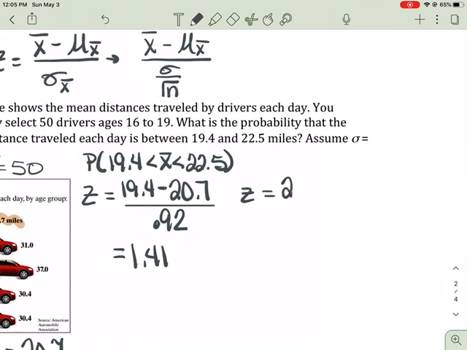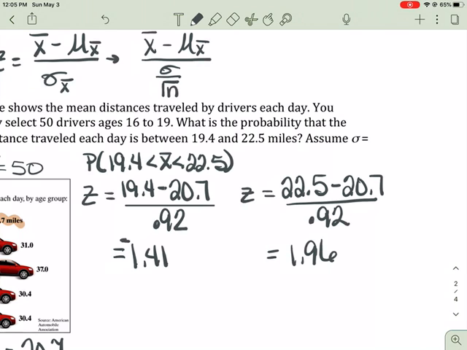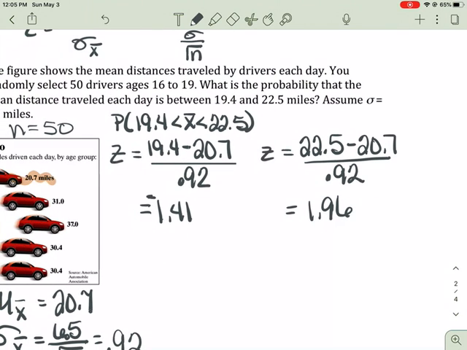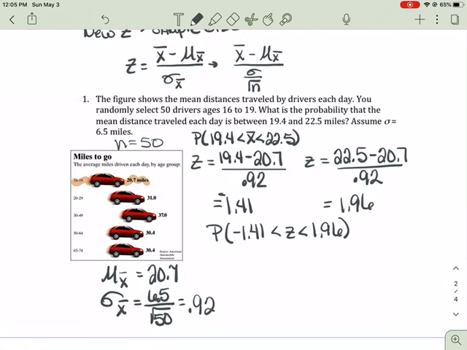And then we do the same thing with the 22.5, and I got 1.96. Oh, this one's negative, sorry. So we're going to find the probability that z is between negative 1.41 and 1.96. Remember, we're converting to a z so we can use our chart.